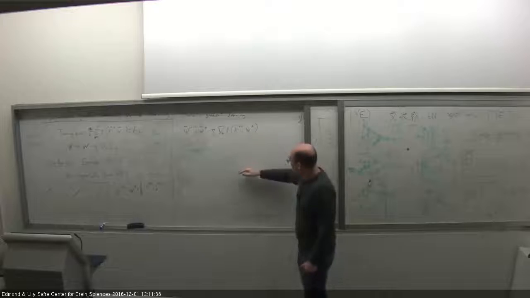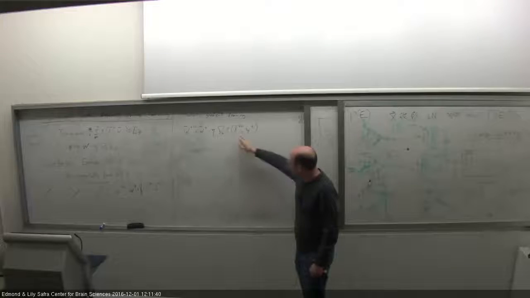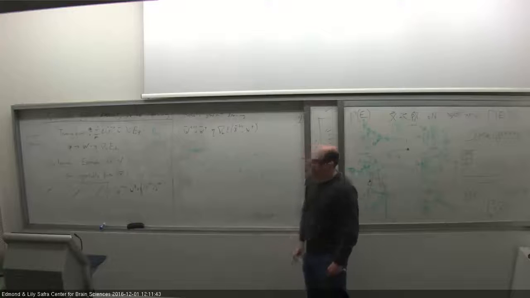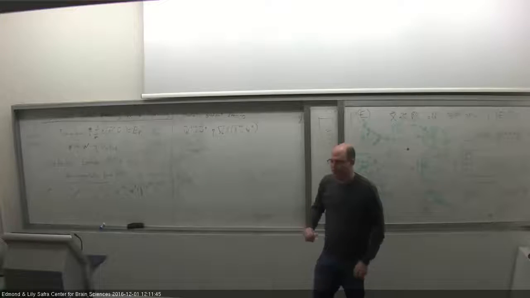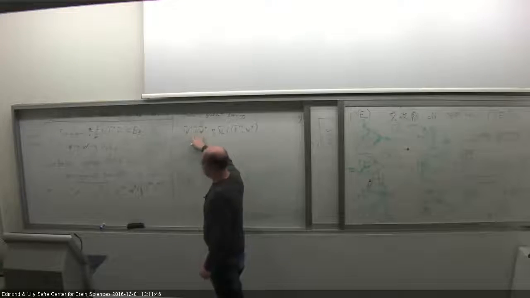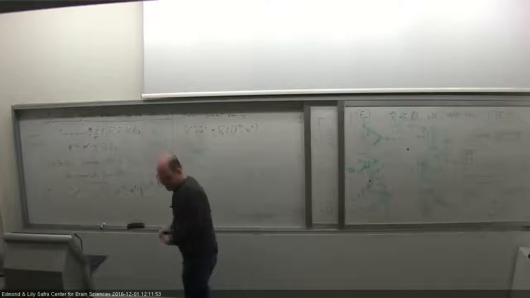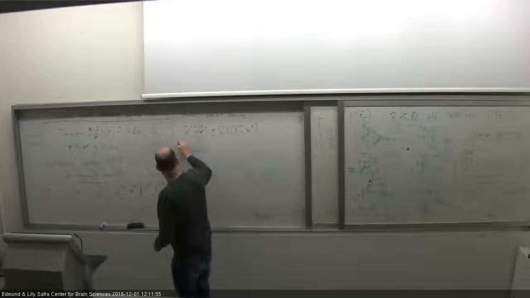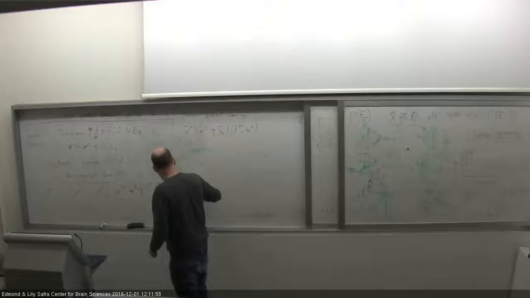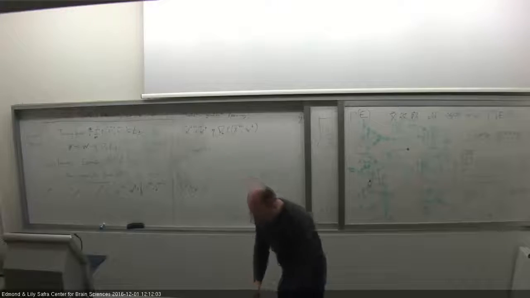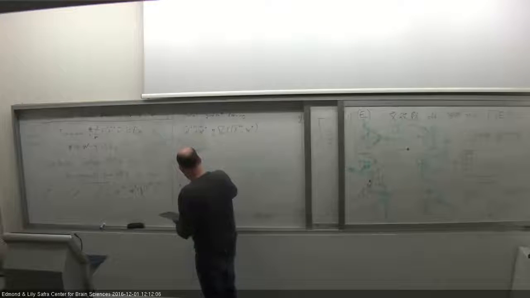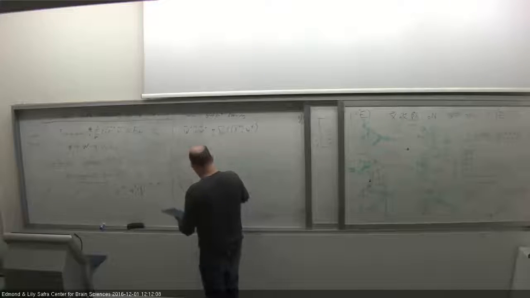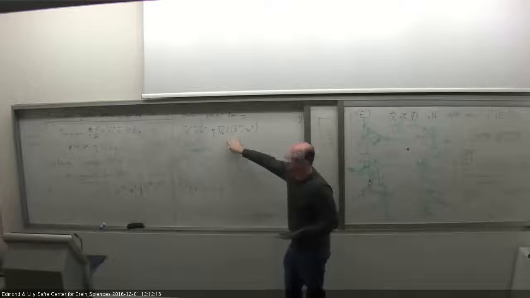Okay, so is there any relationship? Is there a certain way in which this equation is similar to this equation? If you average. Very good. So if I look at the average, if I ask in this update rule what is the average change in W, the average of the change in W at step t plus 1 is equal to minus eta times the average over this thing, over the inputs.